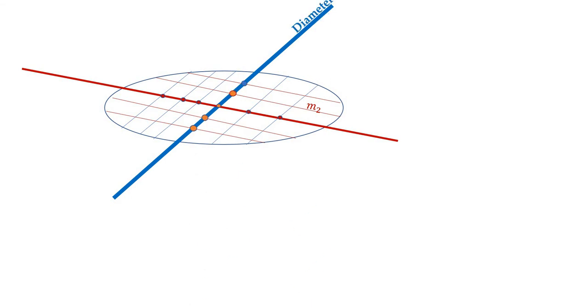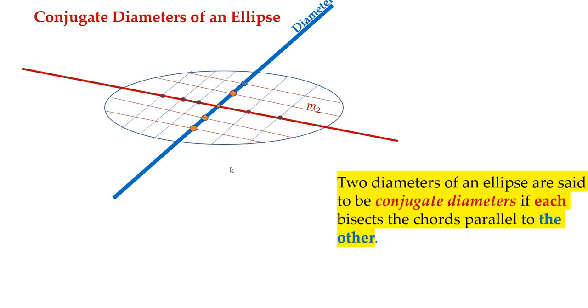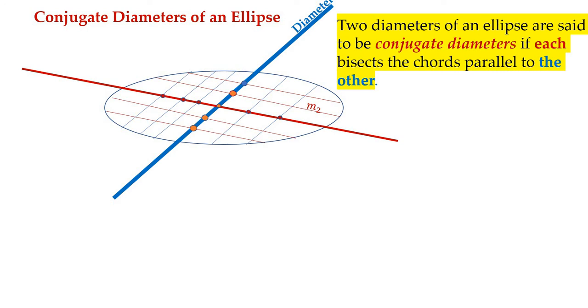That is this one, this blue color. And to arrive at the equation, we consider these two as the diameters.